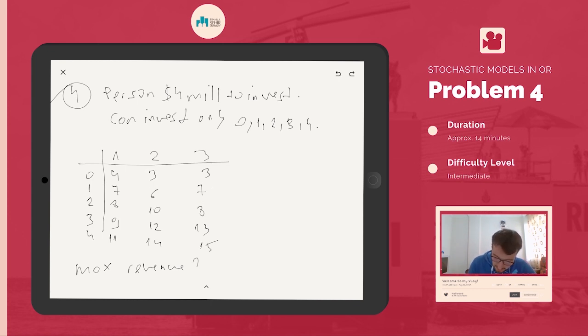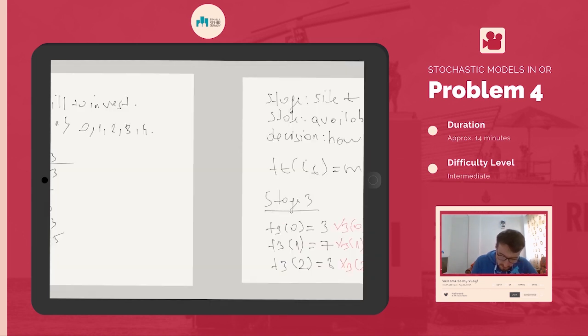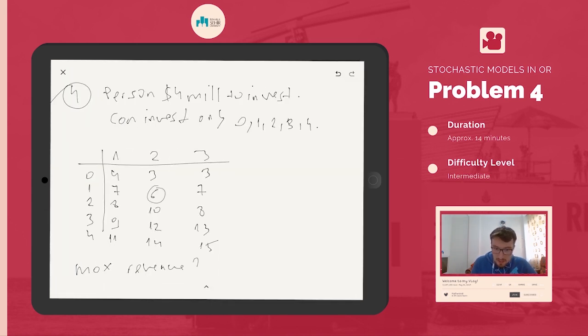So we have 3 plus 7. That's 3 plus, I go to the next stage with F3(1), or I can invest $1 here. If I invest $1 here, then I will get $6 in return, and then I will have 0.